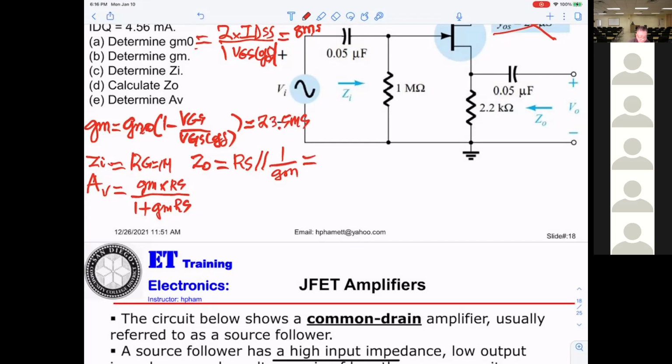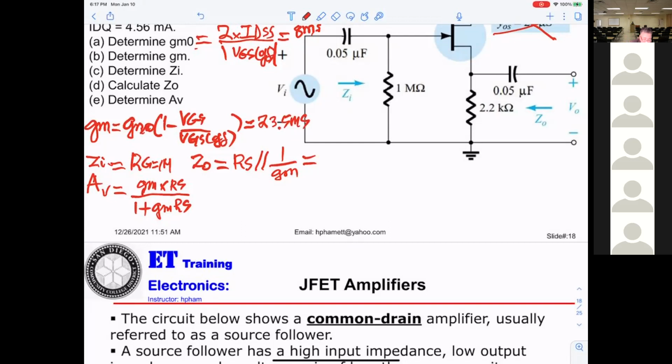In order to calculate the ZOUT, first thing you have to calculate 1 over GM. Then that will be parallel with RS. Mr. Pham, for GM, I got 5.72. Okay, you get a different answer, right?